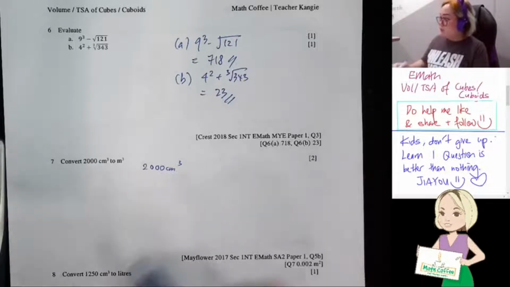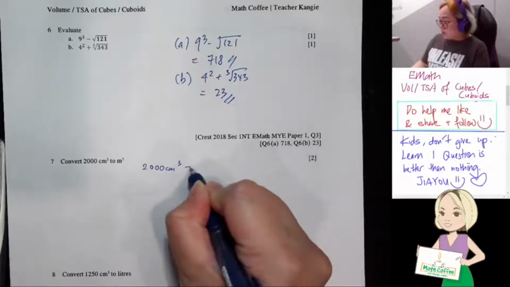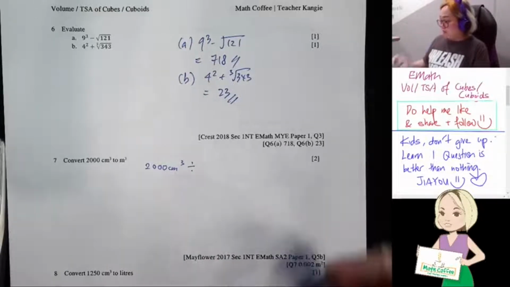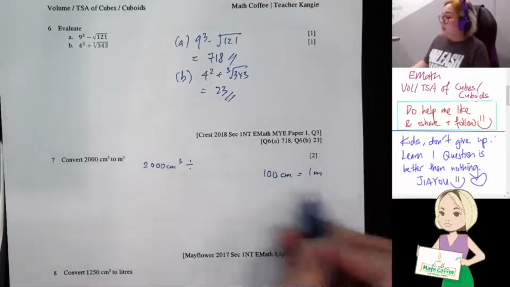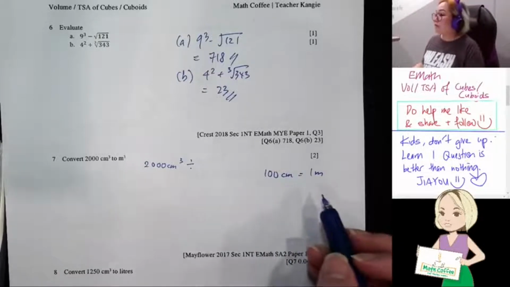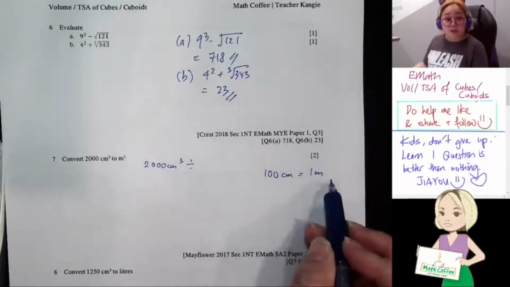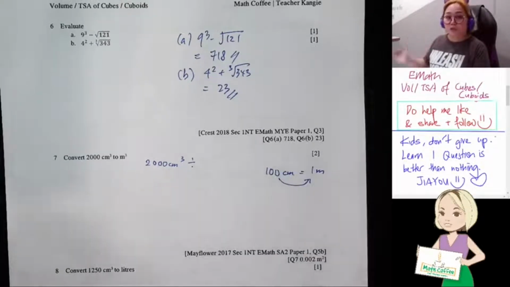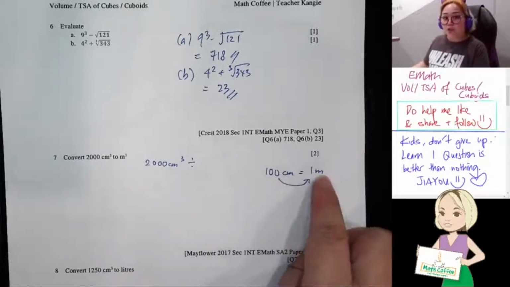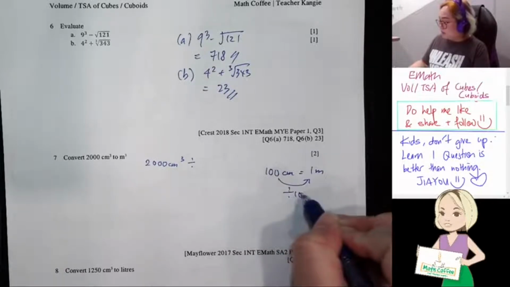Okay, so just now, everyone will always remember 100 cm is equal to 1 meter. Because this one by default, you all must know how to convert. Agree? So how I always tell my students to remember is, when I change cm to meter, I divide by 100.